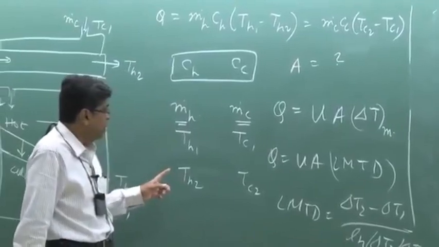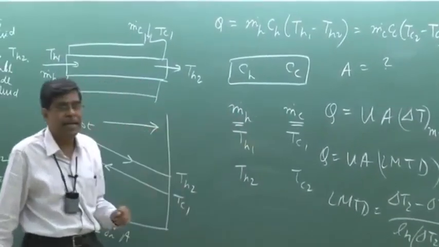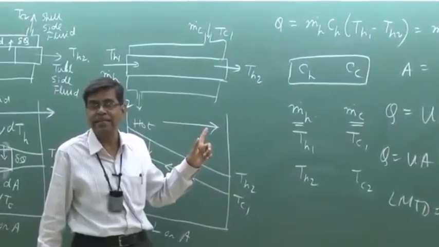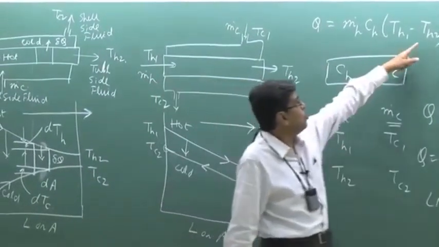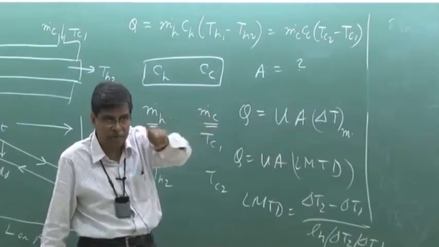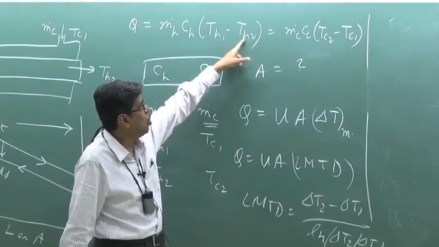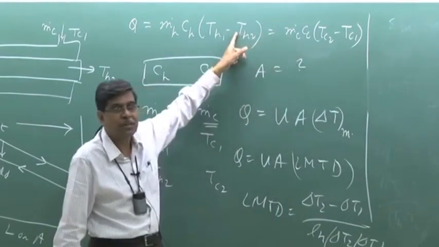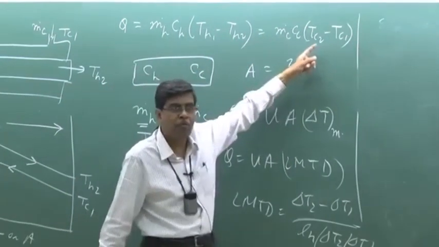We have to use an iterative method. That means the area is given, we have to rate the exchanger, whether it will be suitable. What is this rating? We have to assume. I will solve a problem today, it will be more clear, but still I am telling now, either Th2 or Tc2, any one we assume first. If you assume Th2, Tc2 will be found out from this equation.